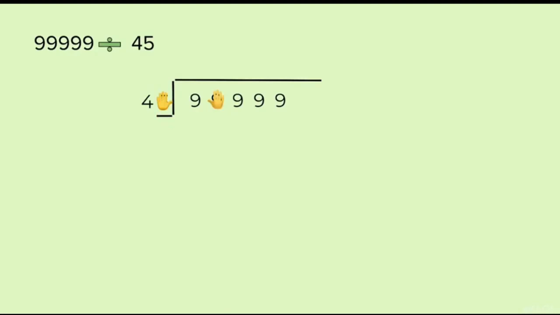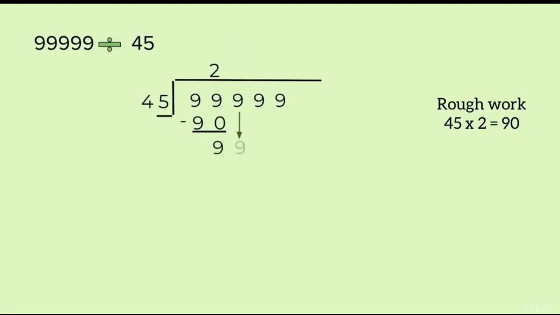Now 4 and 9 we have to divide. So 4 twos are 8. So 45 twos are, we will multiply, that we get 90. So 45 twos are 90. Now 99 minus 90 is equal to 9.